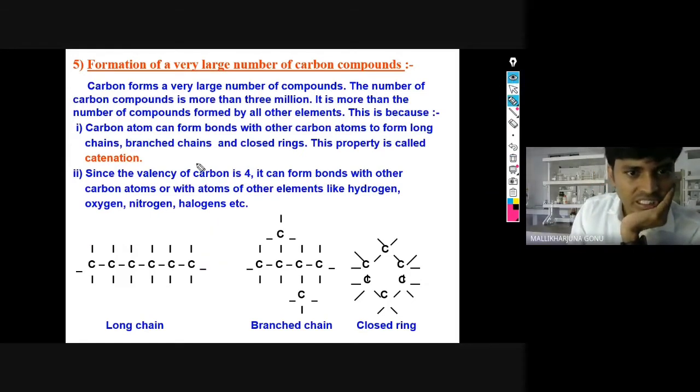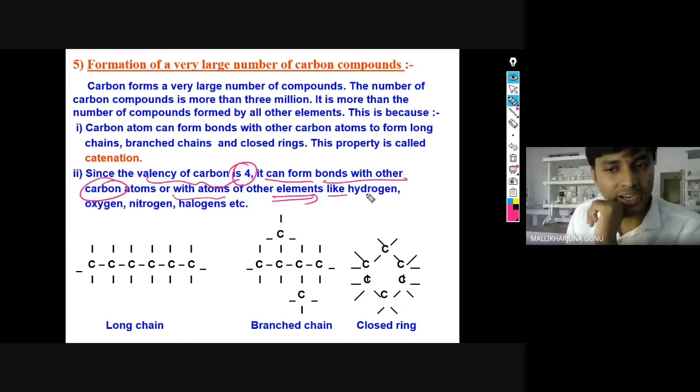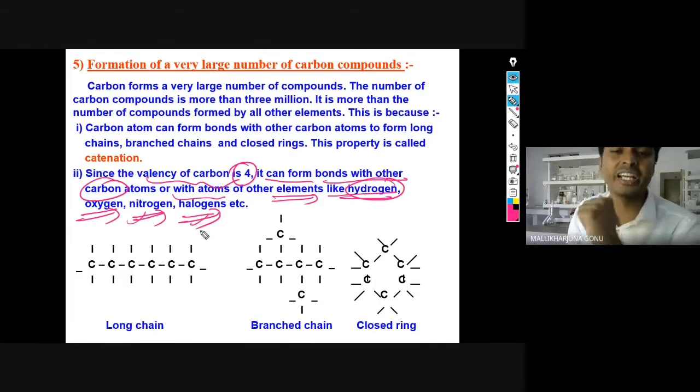Next point. Since the valence of carbon is 4, it can form bonds with other carbon atoms, and not only with carbon atoms but also with atoms of other elements, like hydrogen, oxygen, nitrogen, and halogens.